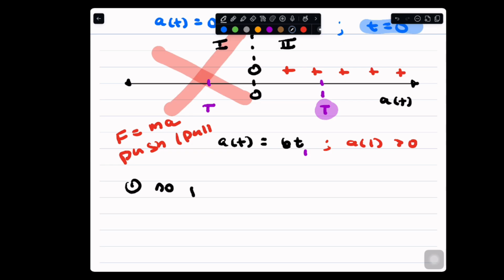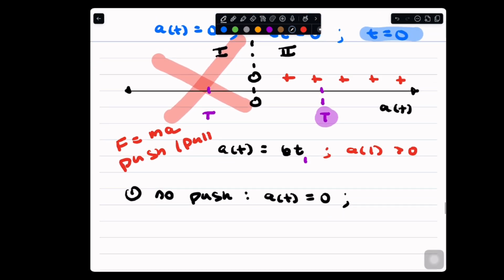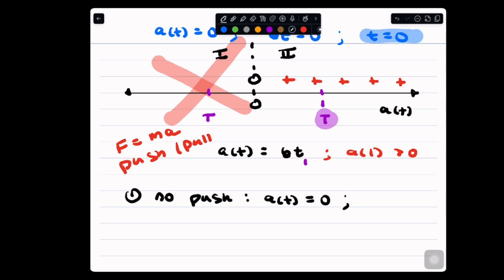When do you have no push or pull? I'll just say push. You got no push when the acceleration is equal to 0. What does that even mean, acceleration being 0? Do you guys know what that means? At what time is acceleration 0?